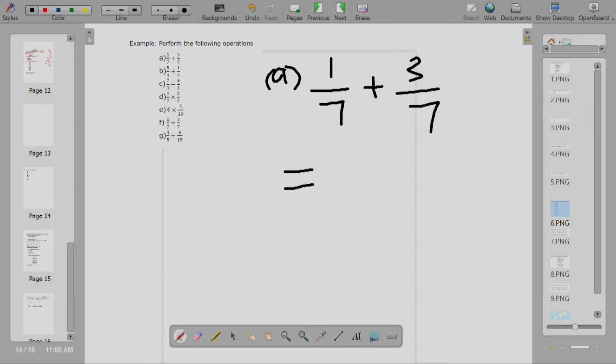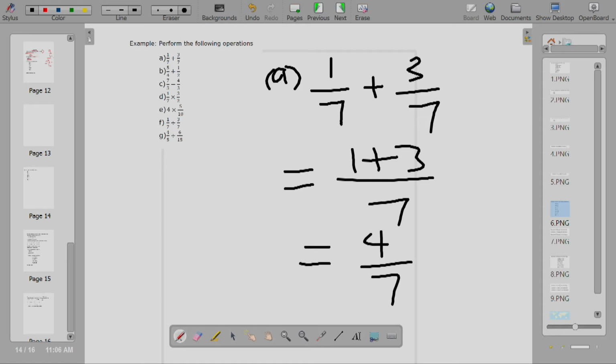These two fractions can be added as follows: 1 plus 3 over 7, which is equal to 4 over 7. So this will be the answer. If you add 1 over 7 and 3 over 7, the answer will be equal to 4 over 7.